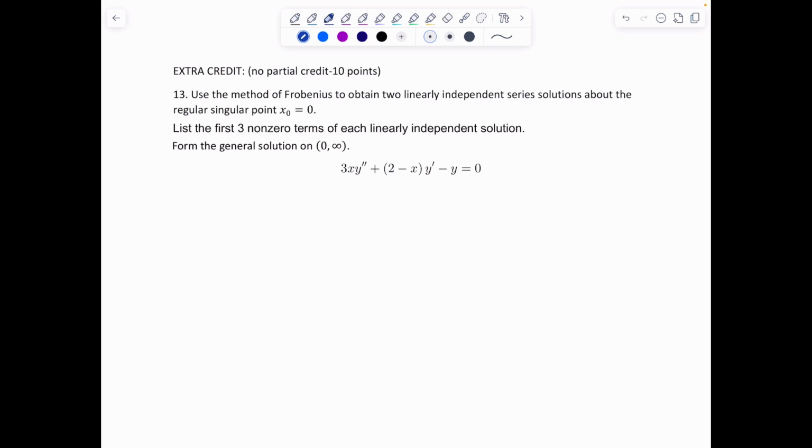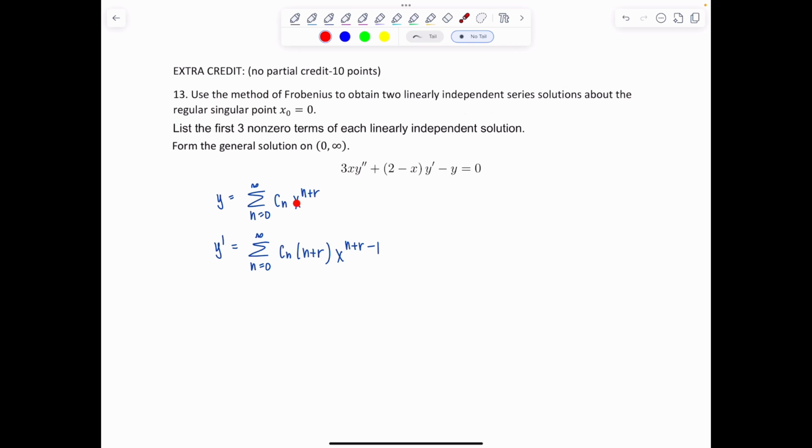Okay, so remember when we're using the method of Frobenius and we're finding series solutions about a regular singular point, we assume a solution of the form y equals the sum n equals 0 to infinity c sub n times x to the n plus r. A little different. Y prime then is the sum n equals 0 to infinity c sub n times n plus r times x to the n plus r minus 1.